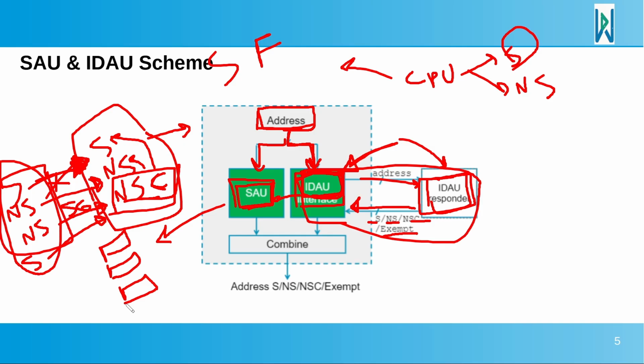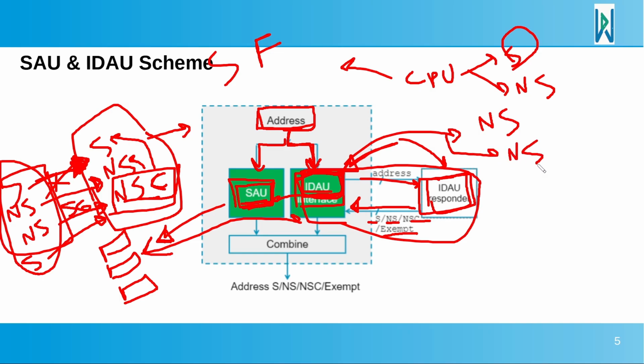Of course, there are certain limitations when using this SAU. If we have overlapping regions or address space between the SAU and IDAU, then the SAU can overwrite the IDAU configuration only if the region is marked as non-secure or non-secure callable.